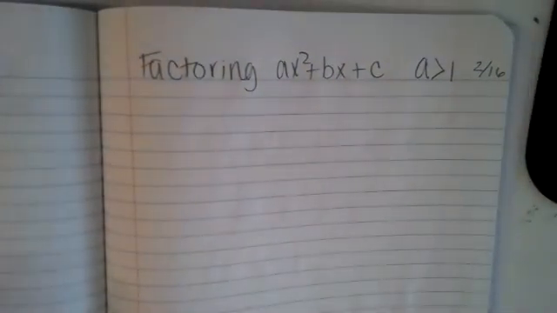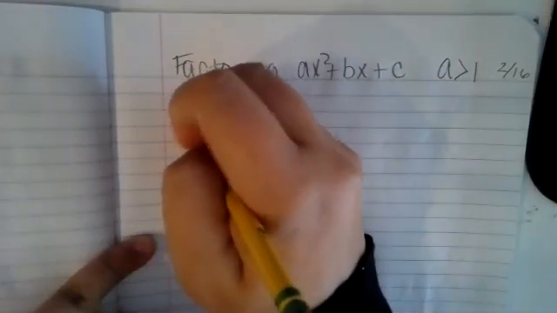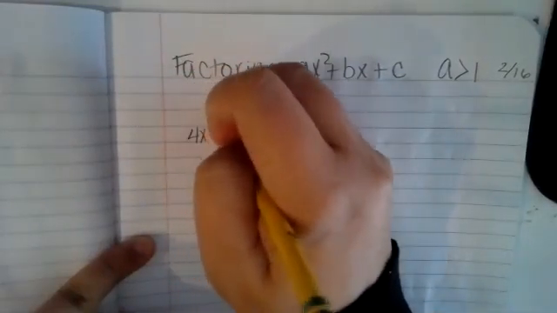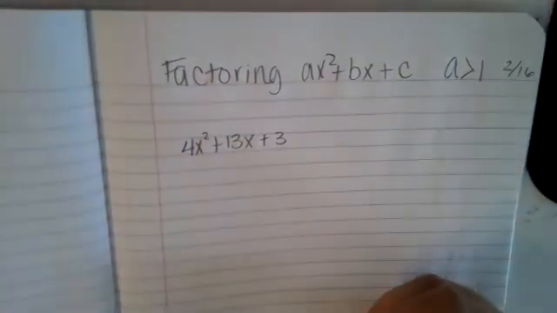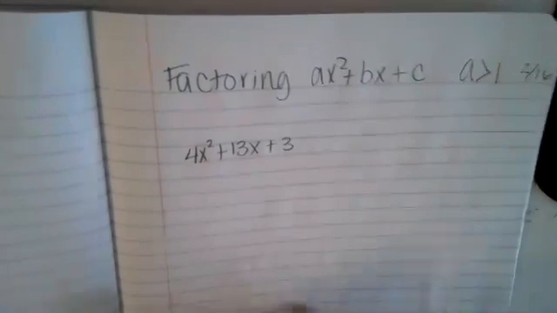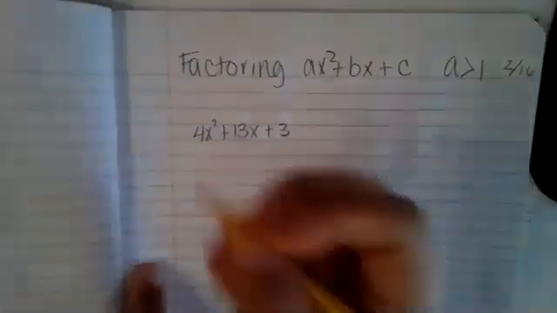So we got kind of the feel last week, and now we're going to dive in and look at a little bit more of a challenging problem. So let's say I have 4x squared plus 13x plus 3. What we are going to do here is use a table to help us factor this.